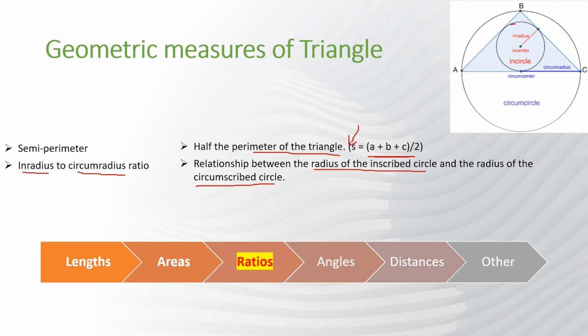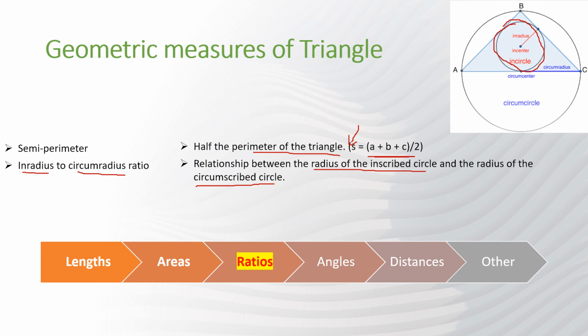See, this entire thing is the inscribed circle. Look at the circle on the inside, that is the inscribed circle. For that inscribed circle, all three edges are tangent to the circle. It means it touches them, that's all. In a way, the circle touches all three edges.